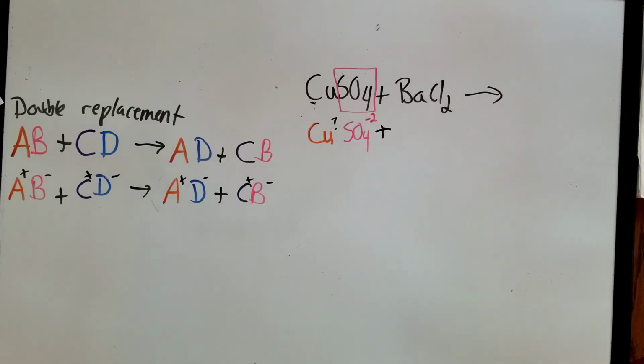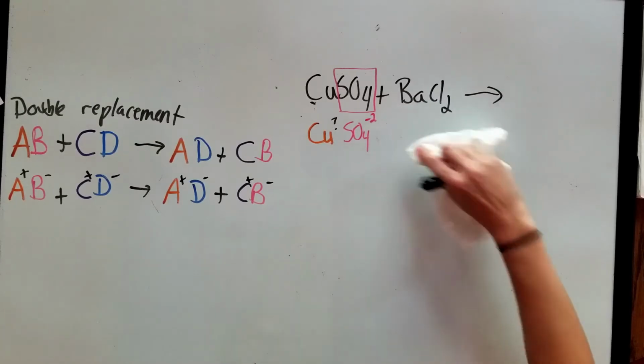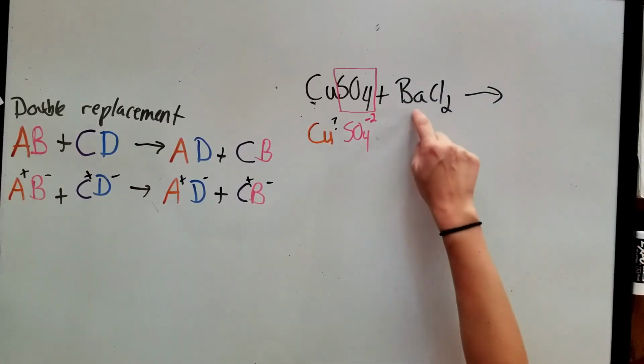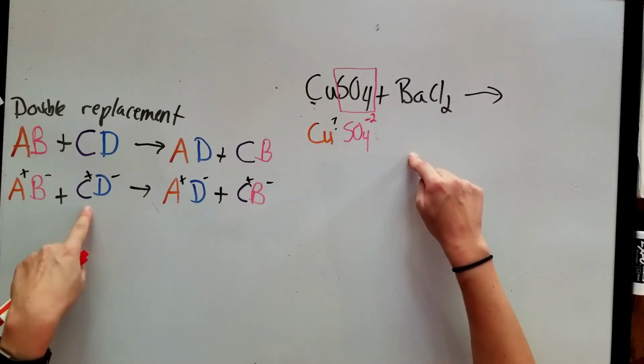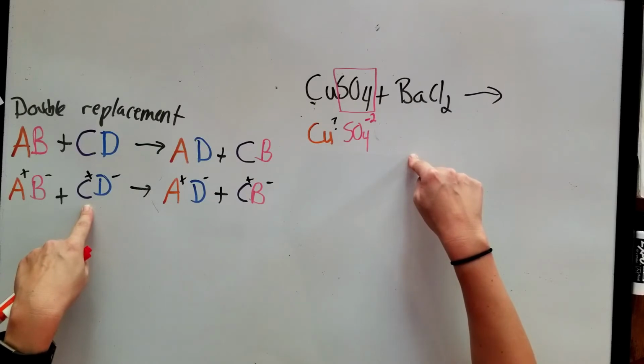Now the second compound, because I don't need this positive sign here, we have barium and chlorine. We're going to write barium first, since it's the first one present, it's the metal, and you can figure that out by looking at the periodic table. It's in group 2. It's an alkaline earth metal.